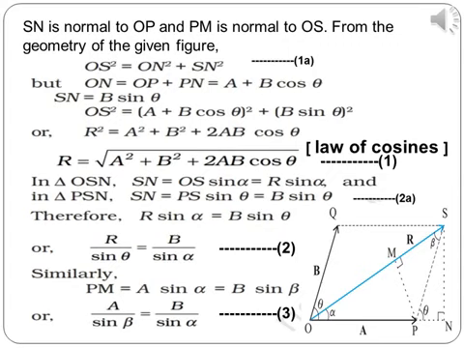From the right triangle PMO, sin alpha is equal to PM divided by A, then PM is equal to A sin alpha, and from the right triangle PMS, sin beta is equal to PM divided by B, then PM is equal to B sin beta. From this expression, it can be written as A divided by sin beta is equal to B divided by sin alpha, which is the expression 3.